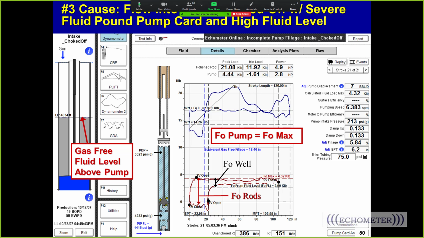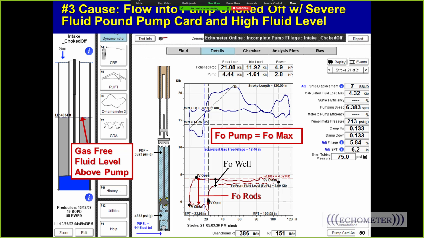Now, if your casing pressure is like 500 psi, that means the gas pressure is pushing liquid down at the pump intake. If you lower the casing pressure, then the liquid level can come up, and you could potentially remove that back pressure on your formation and increase your pump fillage.